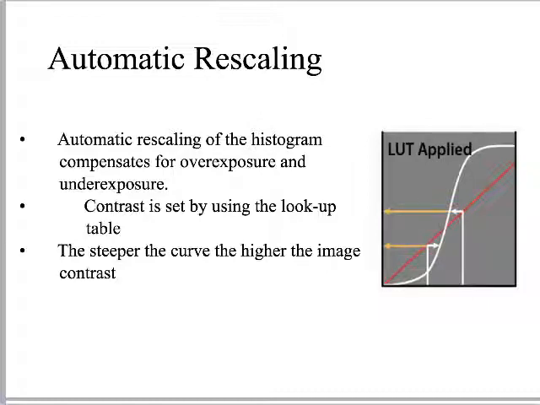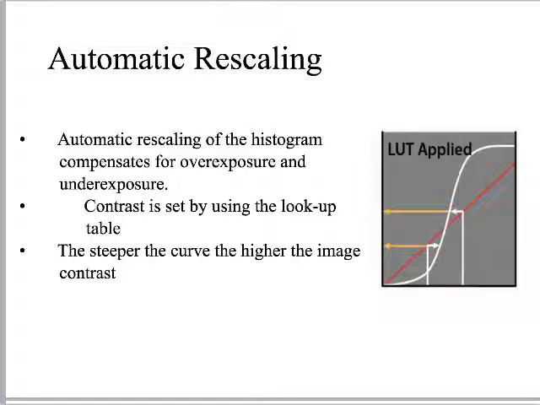Now this curve may look a little bit familiar. In fact, this curve is the exact same curve that we use to describe certain types of radiation exposure responses, right? It's an S-shaped curve, right? It has a clear beginning and a clear end, right?